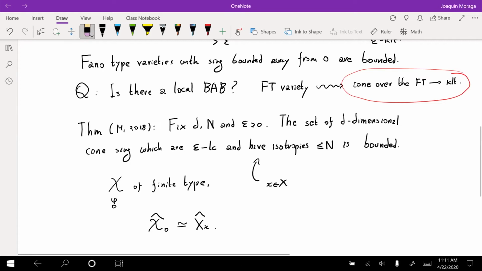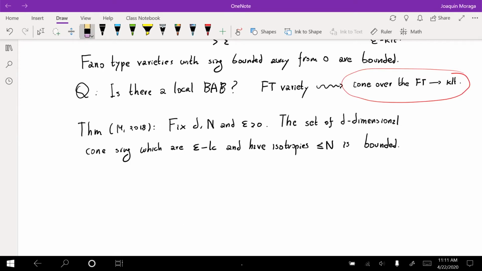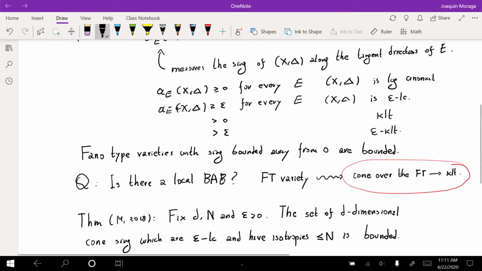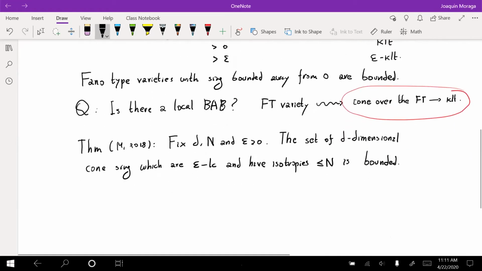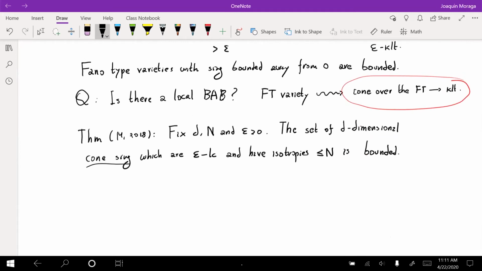So what do you mean with isotropies here? Well, the isotropies, you just look at the stabilizer of each point. With cone singularity here we mean that we have a GM action on the singularity, a GM action with a vertex.